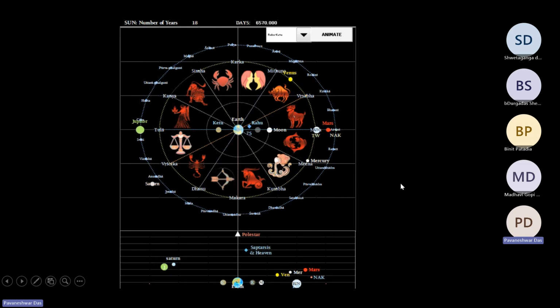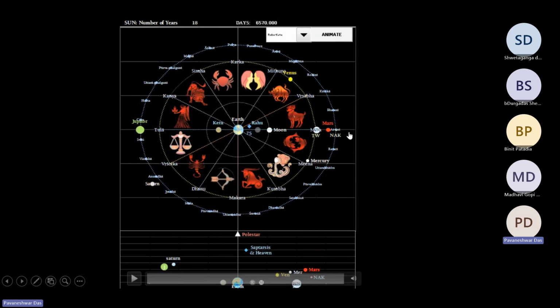So this is how all these planets have their daily motion, and every day they are rising and setting like the sun. In the east they are rising and in the west they are setting. But because they have some relative motion with respect to Kalachakra, that relative motion is making them lag behind the starting point of Kalachakra. So over a period of particular time, they make one reverse revolution.